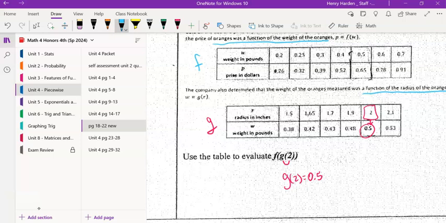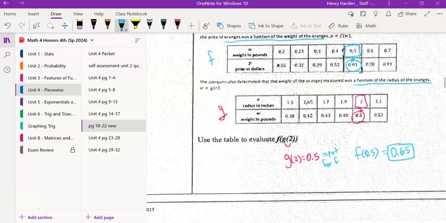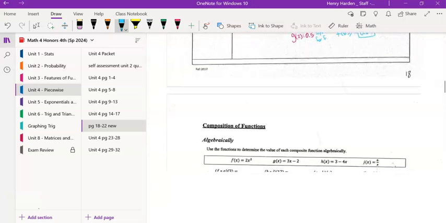And so now this is going to be our input for f. And so we're going to do f of 0.5. So we're going to come up here to 0.5. Here's our output, and that's our answer, 0.65. And that's it.